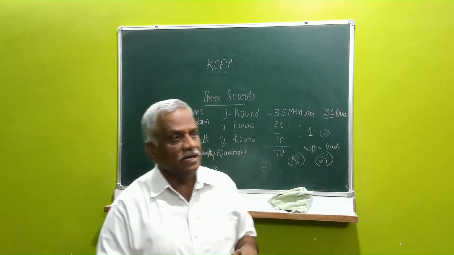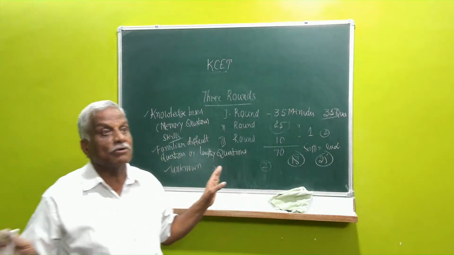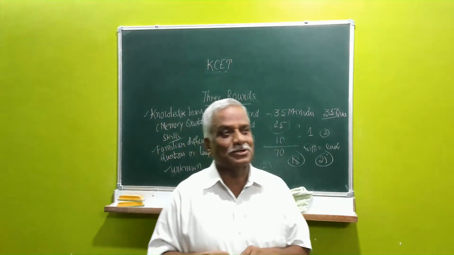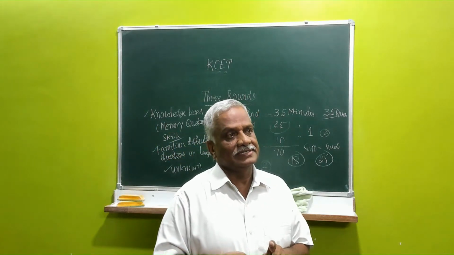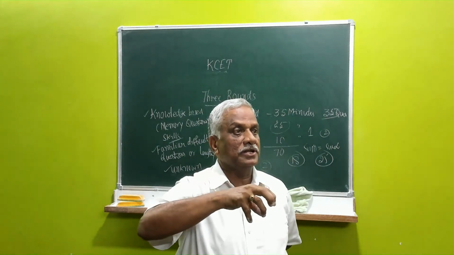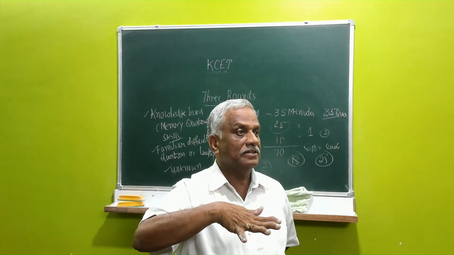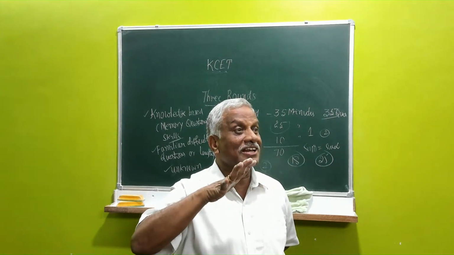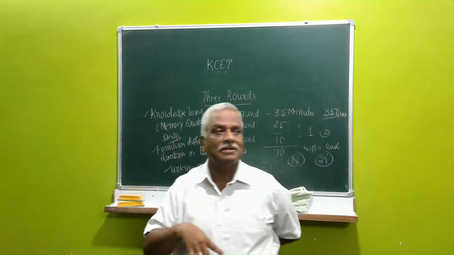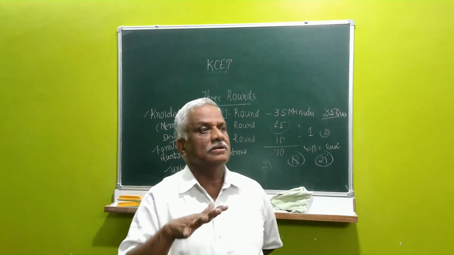And for unfamiliar questions, we can't talk about them because we don't know which questions they are going to have. So in the first round, you answer the questions which require memory, knowledge, or a small skill.